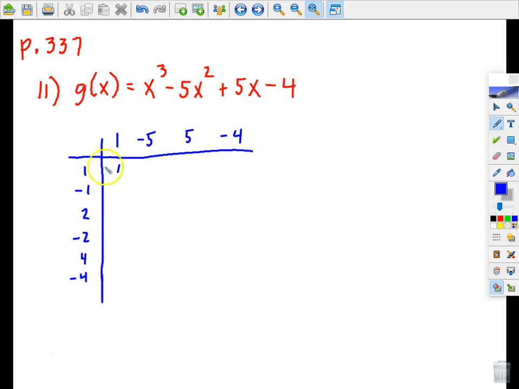So bring down the 1, multiply, and then add, multiply, add, and at this point I know I'm not going to get a 0, so I'm just going to go down to the next number, multiply negative 1 plus negative 5, multiply 6 plus 5, that's not 0, so let's try the next one, 2 plus negative 5, negative 6 plus 5, that's not going to work, negative 2 plus negative 5, 14 plus 5, that's not going to work, 4 plus negative 5 is negative 1, negative 4 plus 5 is 1, 4 plus negative 4 is 0.